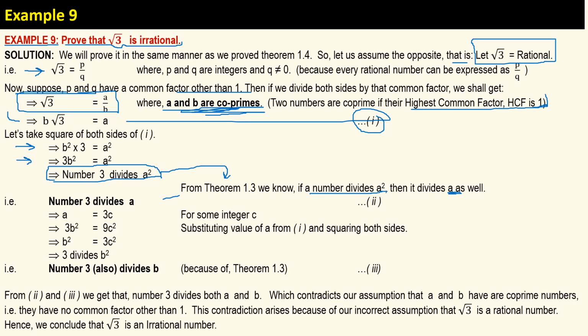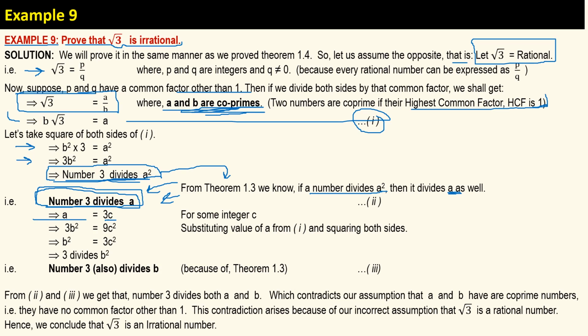Hence we can write that the number 3 divides a, because here we see number 3 divides a square. Then we use theorem 1.3 and we get that number 3 divides a, which implies that a can be written as a multiple of 3.